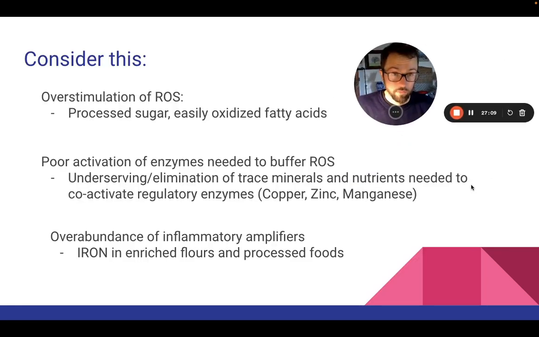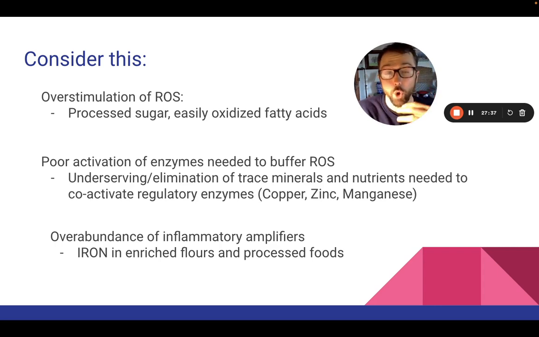So let's do some speculation on our part. Think about this. In someone with a diabetic state, over multiple generations, they've been overstimulating their mitochondria, therefore creating a lot of waste.